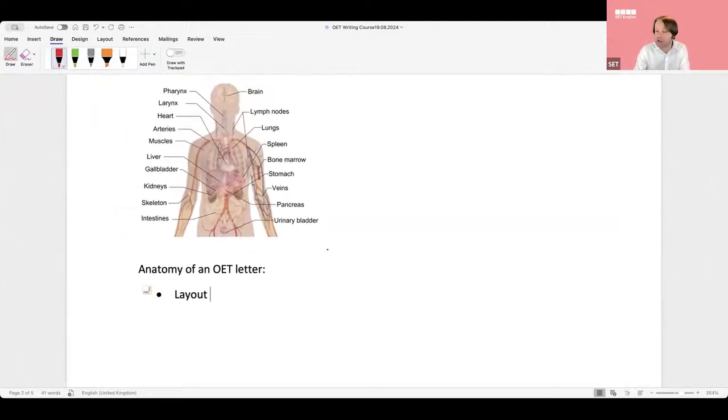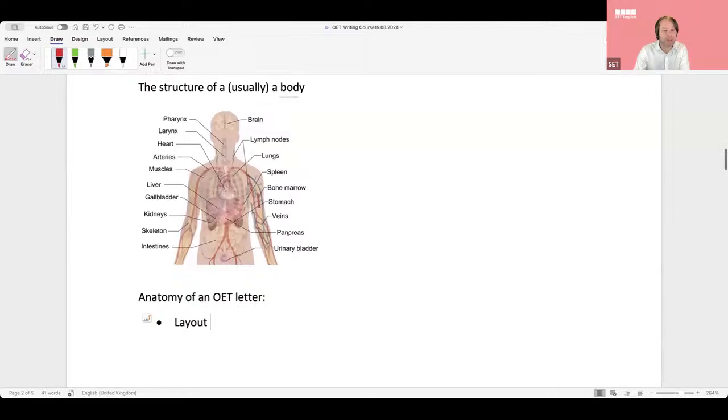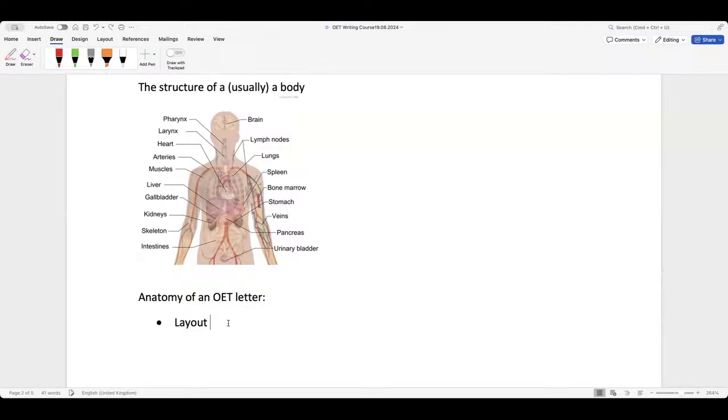What does layout actually mean? Elif, what does layout mean? You can see layout here. What is layout? Marwa, Talita, Ronica. What does layout mean? What does that actually mean? Rukaya as well. How the letter functions. The layout of a letter is the position of paragraphs.